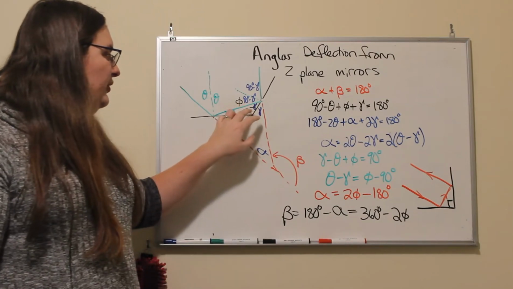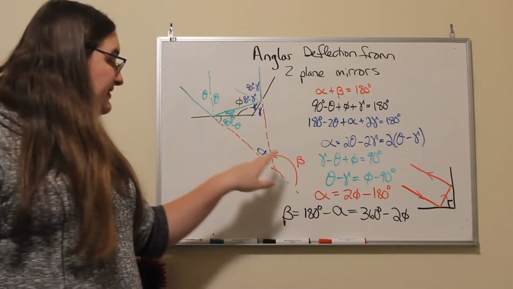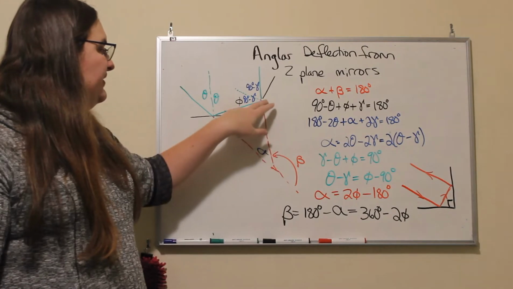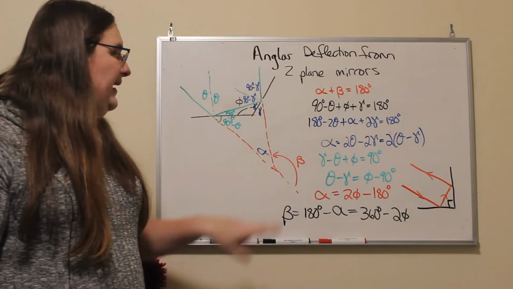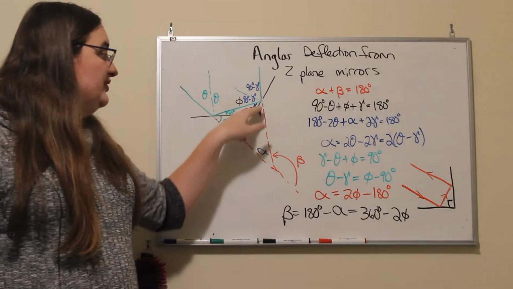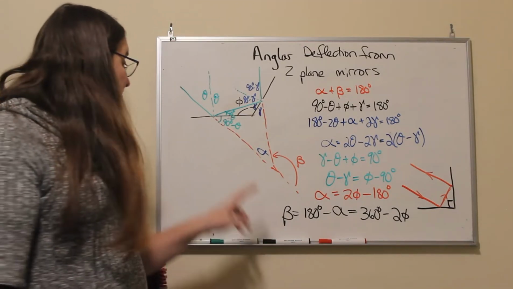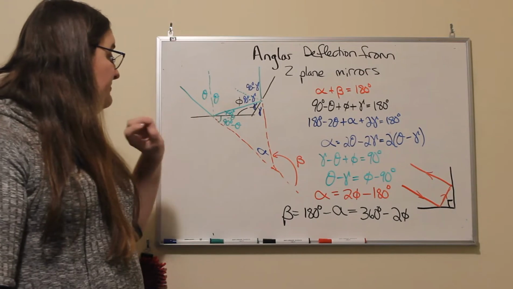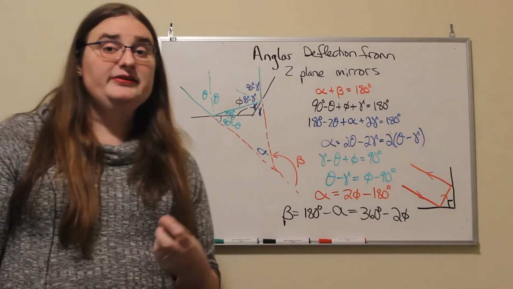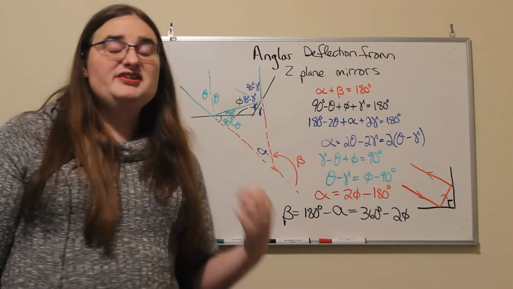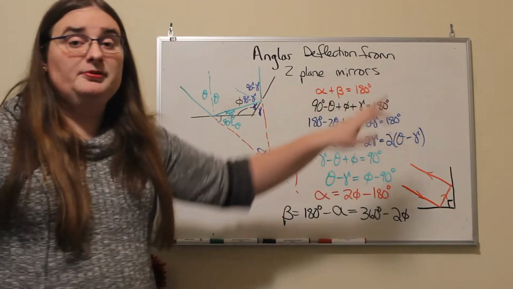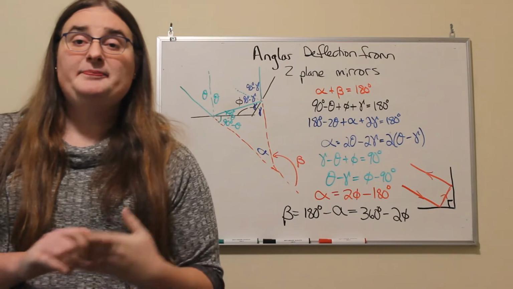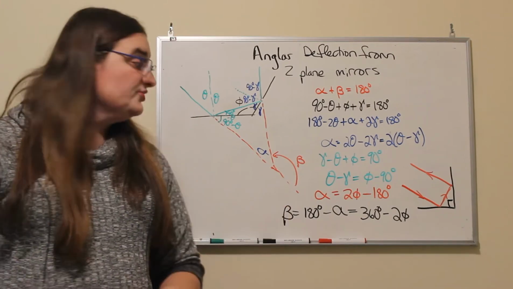I have this angle gamma and this angle gamma added together. If I follow this line up to the bounce between the mirrors and then back, that would have alpha plus 2 gamma, and here I would have 90 minus theta plus 90 minus theta, which would give me 180 degrees minus 2 theta, and I add that plus alpha plus 2 gamma, that adds up to 180 degrees.